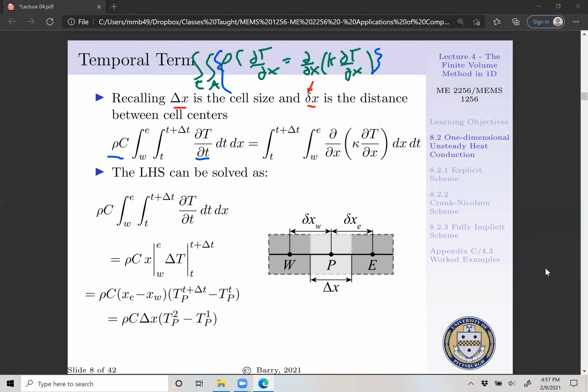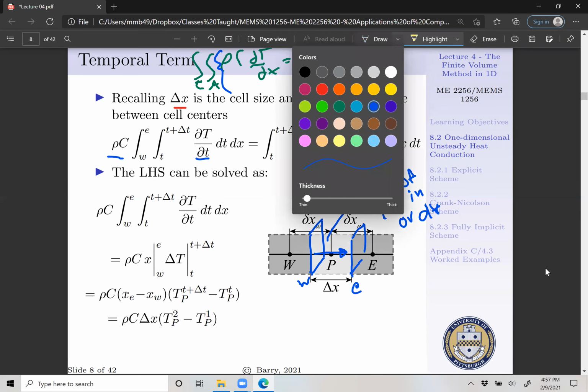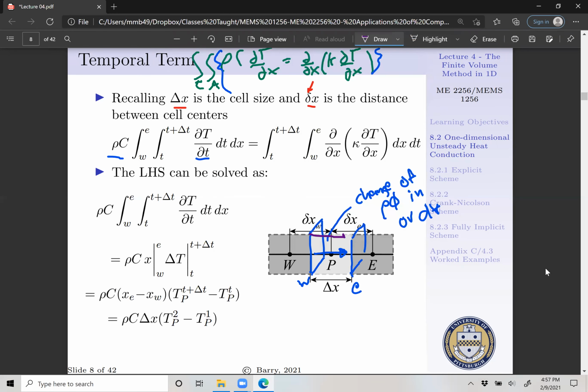Okay, so when we talk about integrating over area, we want to go between our west face and our east face, because we're trying to determine the change of rho phi in our control volume. So really, when we're going in between these two faces, we're tracing out what's contained in that volume.